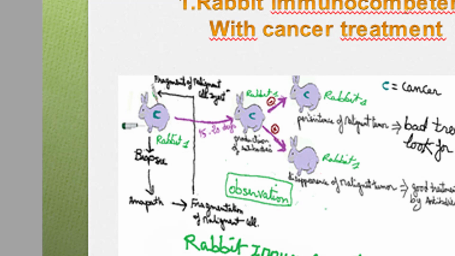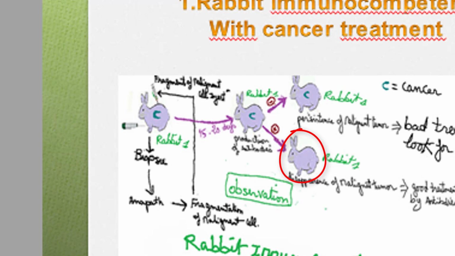But if we find that our initial malignant tumor has shrunk, decreased in size, it's a good treatment. Our conclusion is partial disappearance of the malignant tumor, so we continue treatment by fragment of malignant cell injection until total disappearance of the malignant tumor.